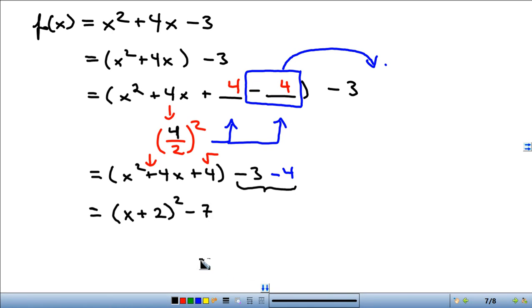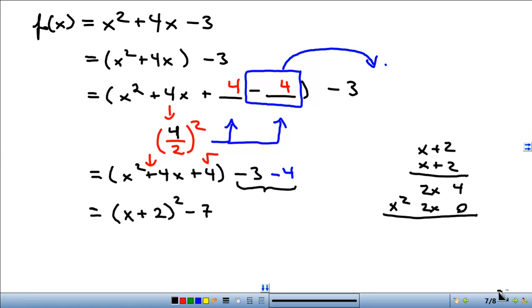The reason that this trinomial can become this binomial squared is, let me just square it out, and you'll see it. I have x plus 2 times x plus 2. 2 times 2 is 4, 2 times x is 2x, x times 2 is 2x, and x times x is x squared.